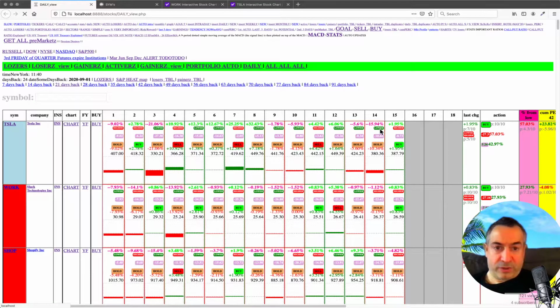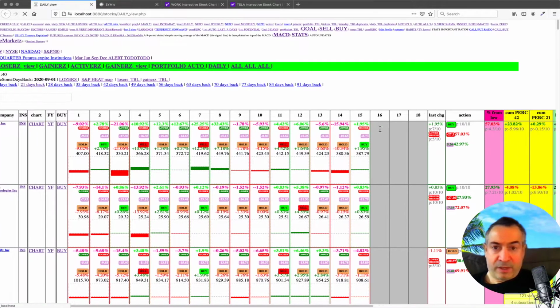So with this information, what I calculate is this percentage every day. So that's yesterday, 24th of September, Tesla went up 1.95%. It dropped 10%. It dropped 5%. And here I do a cumulative of the change.